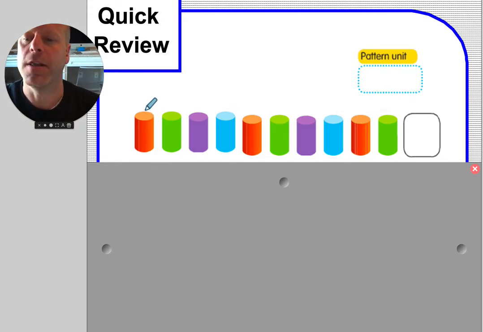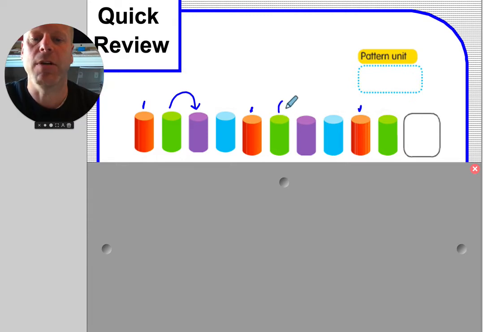See how this one is the same as this one, and then the greens are the same, and the purples are the same, and the blues are the same, and then it starts over again. Right? So really what we want to find out is what happens after the green.